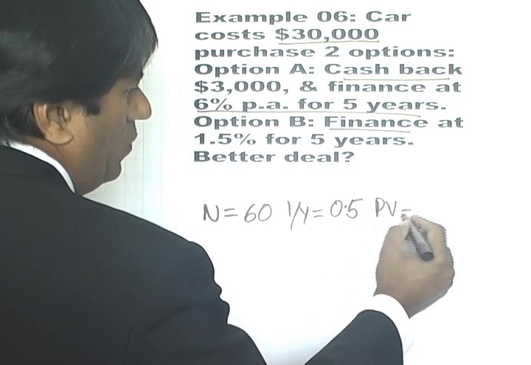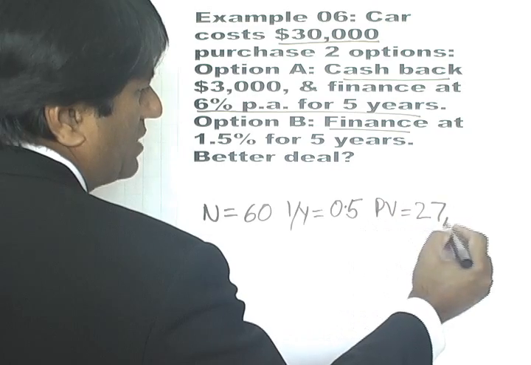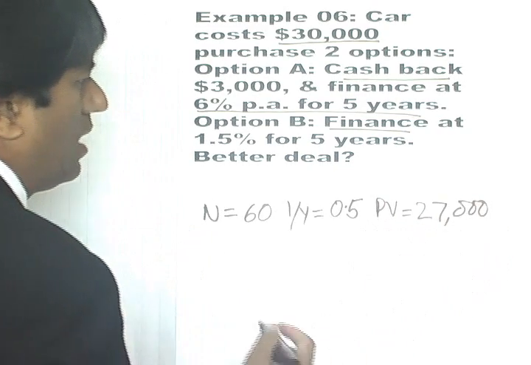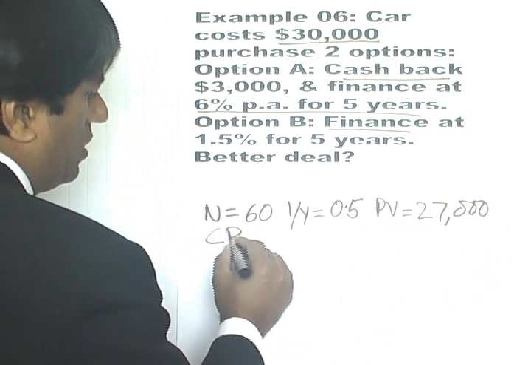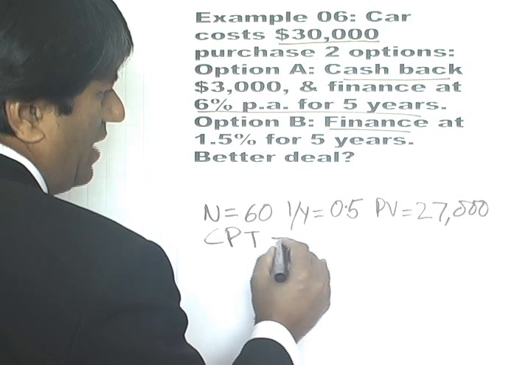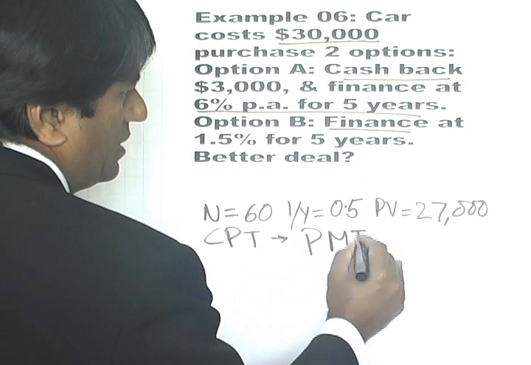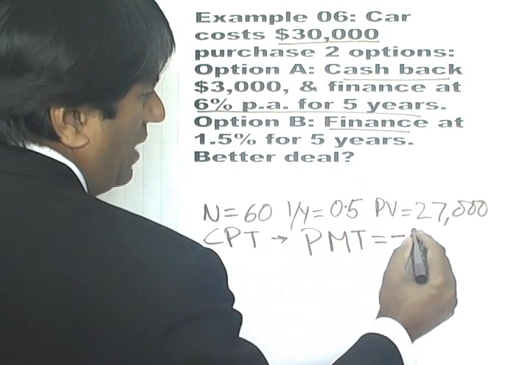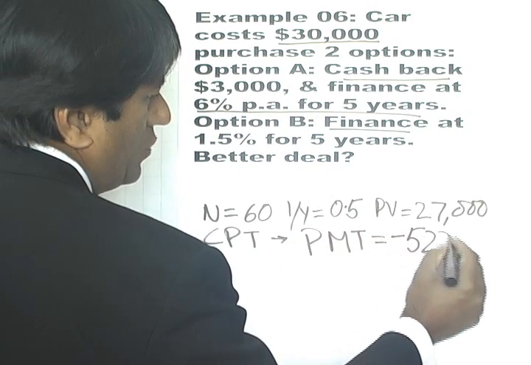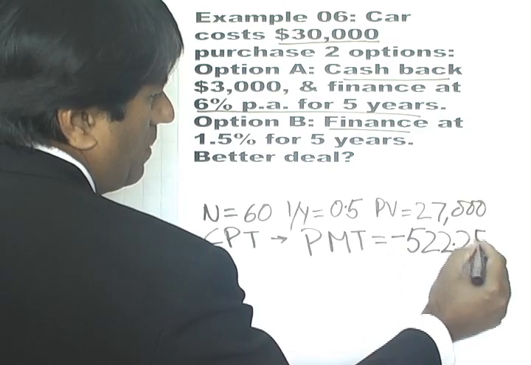Present value you'll enter as 27,000, and then you press compute, and then you press payment, and the payment will turn out to be minus 522.25.